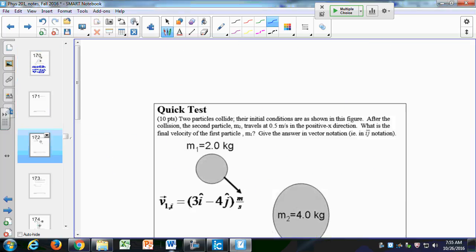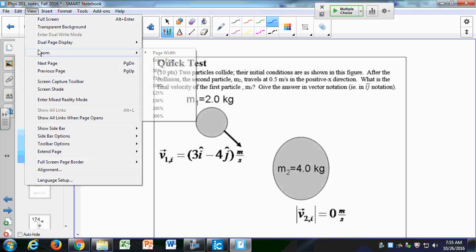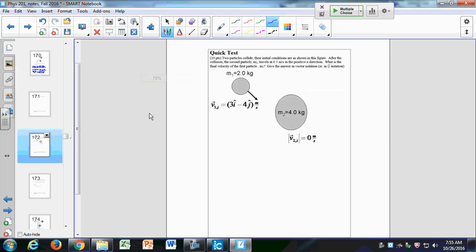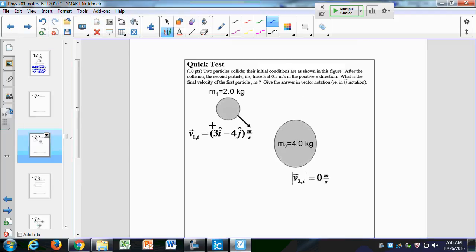Why don't y'all try this one? This came from a test, just for a little extra practice. Two particles collide. What is the final velocity of M1, that first particle, that 2 kilogram particle?